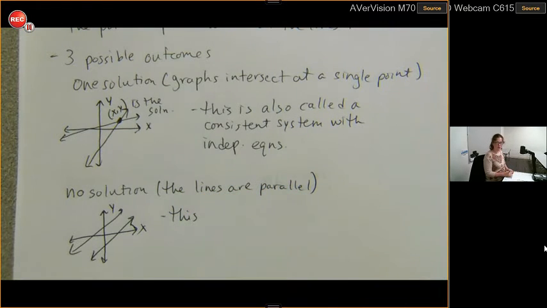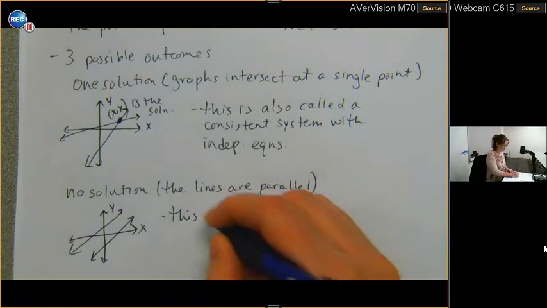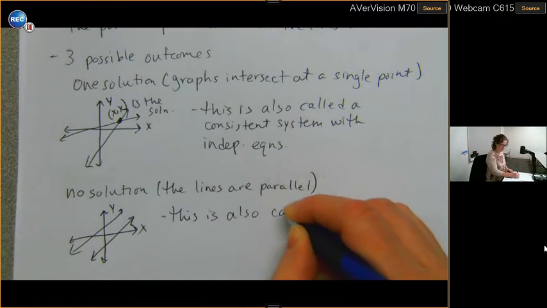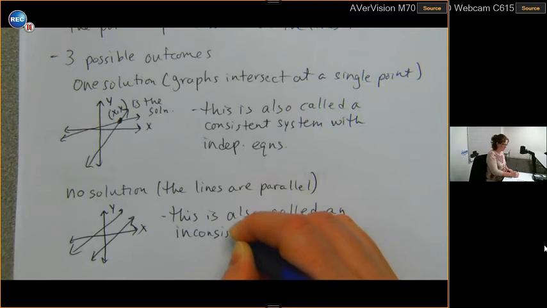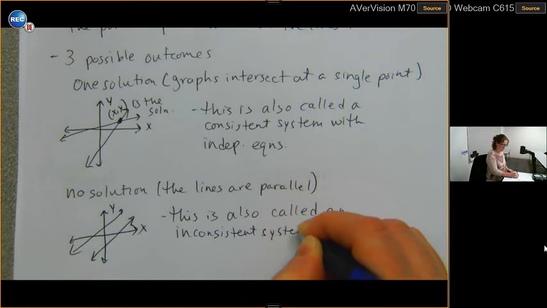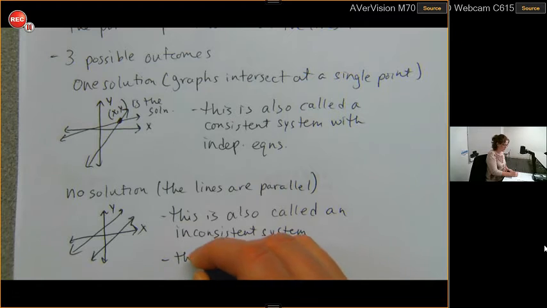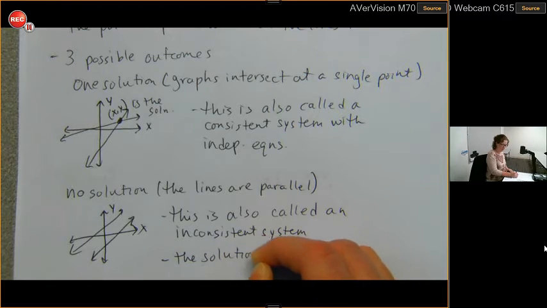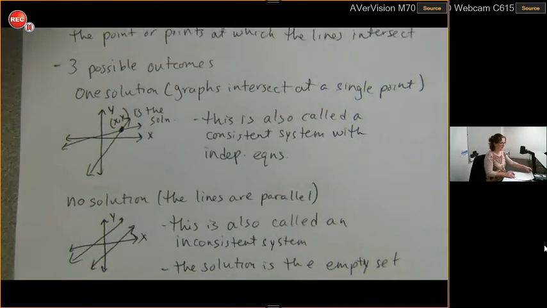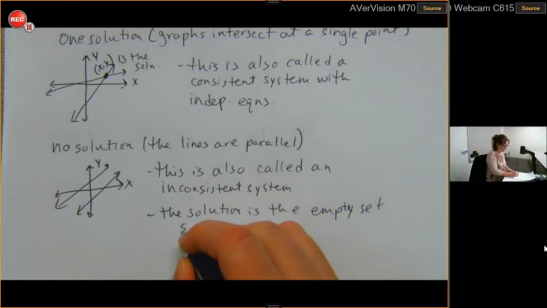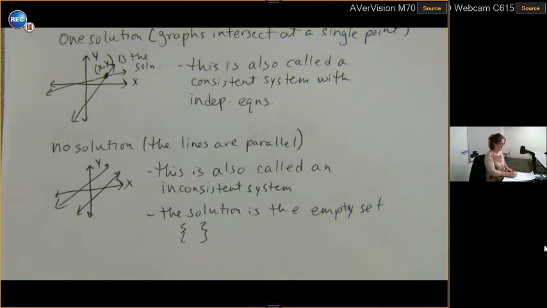This system is also called an inconsistent system. And the solution is the empty set. The empty set is notated either as set braces that are empty, or that symbol meaning it's the empty set.